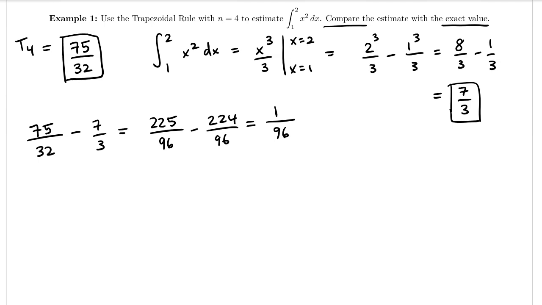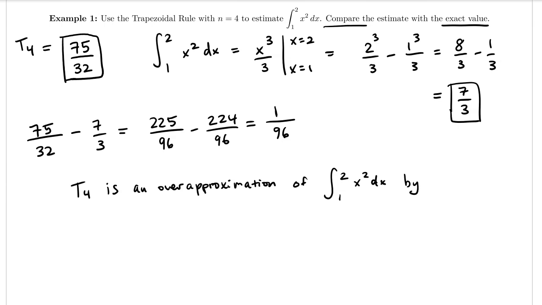So that means T sub 4 is an over-approximation of the integral from 1 to 2 of x squared dx by 1/96. That's a pretty good approximation, especially since we only used 4 trapezoids.